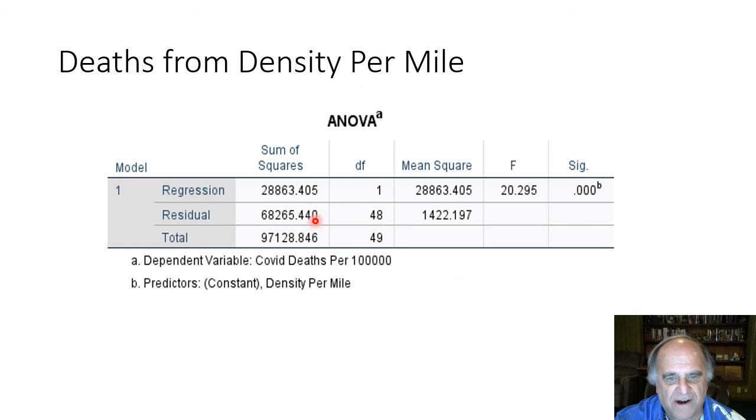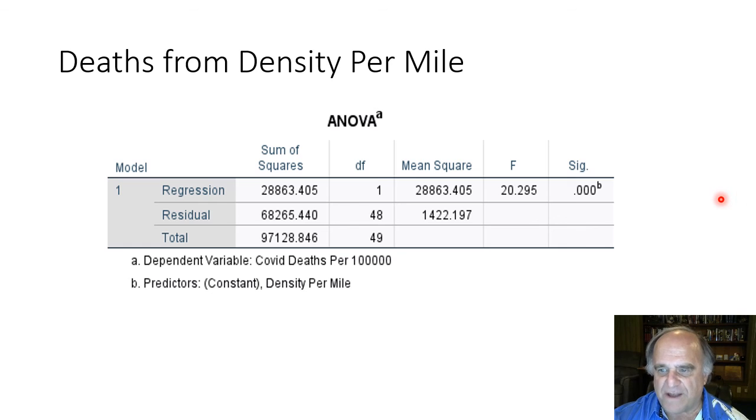We can see here our sums of squares, which of course add to the total sum of squares: the sum of squares for regression and the sum of squares for the error term, or residual. To get our mean squares, we divide our sum of squares by the degrees of freedom. You can do that if you would like. Then we divide our regression mean square by our residual mean square to get our F value, which comes out to 20.295.